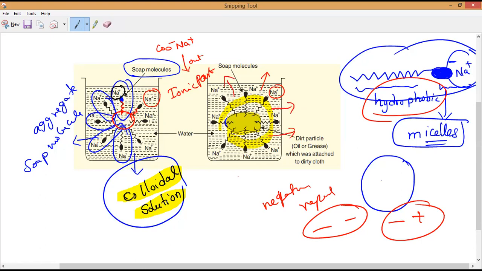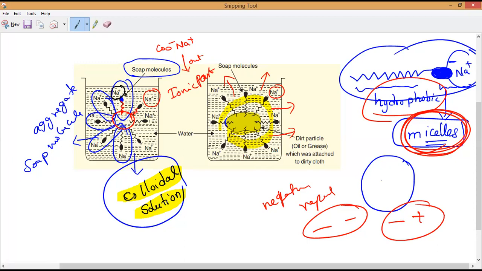When the dirty cloth is rubbed, by hand or brush, or put in a washing machine, the dirt particles get dispersed in water in the form of micelles, and the surface of the cloth becomes clean. Our face is the same.